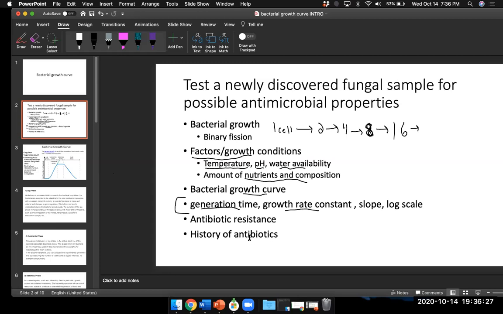They also give you a little history of antibiotics. I decided that's not really the purpose of the lab. We will have another lab that's devoted to that. So I'm not going to ask you about that for this lab for this week.